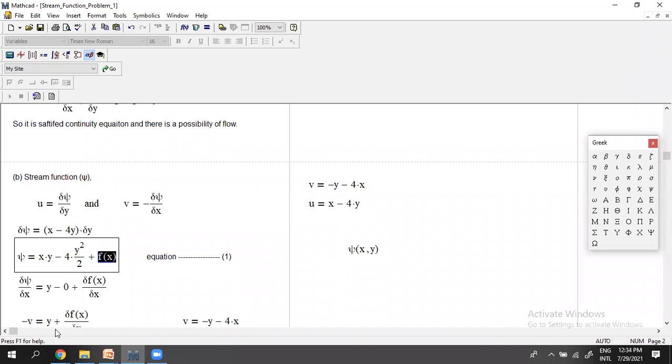But what I'm saying is it might be a function f of x. We don't know, because this line you differentiate. You figure out del psi by del x.